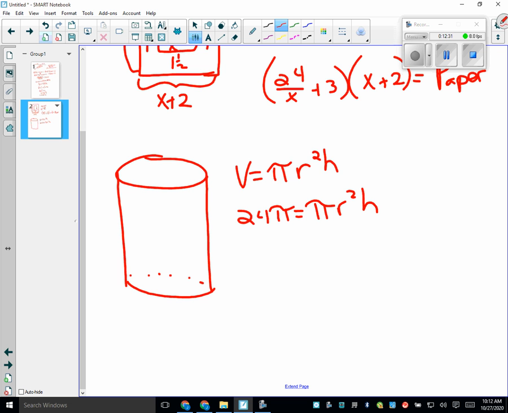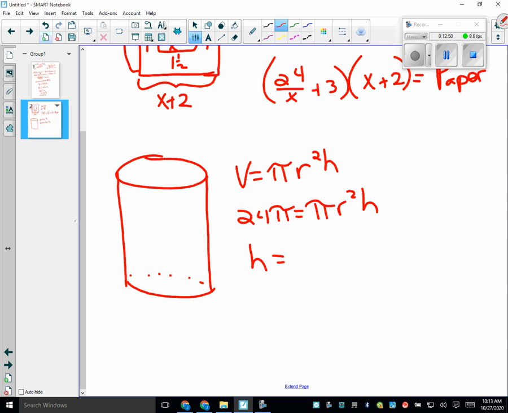So I need to solve for either r or h. That's true. But then you have a square in it. So you want to solve for h?